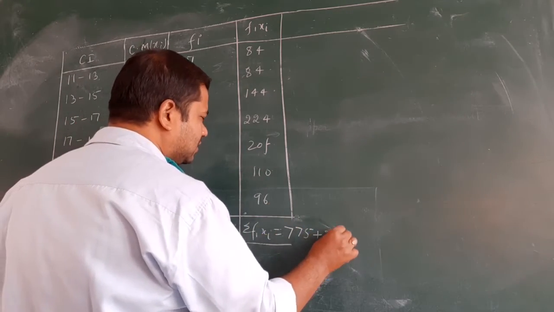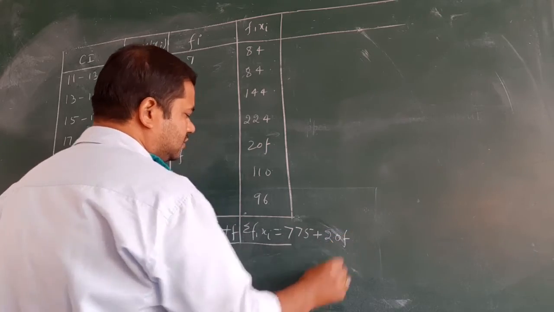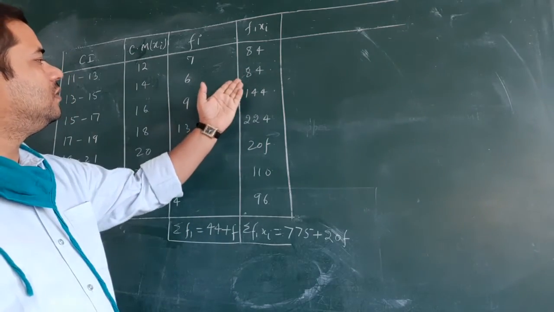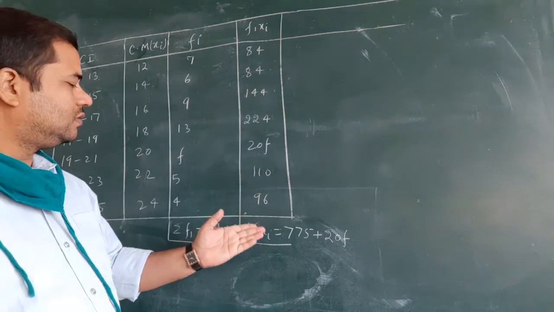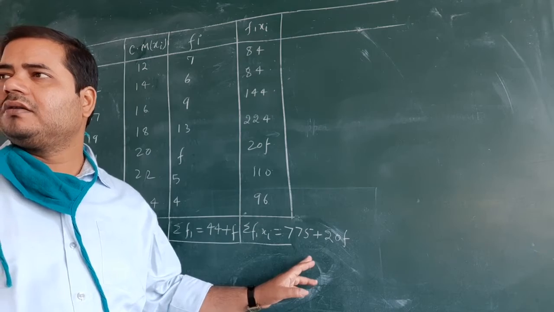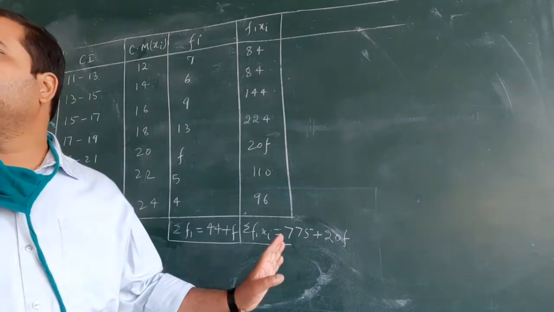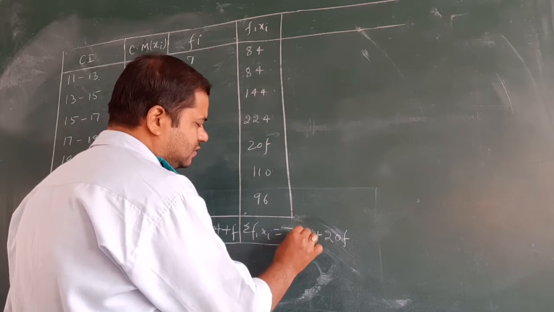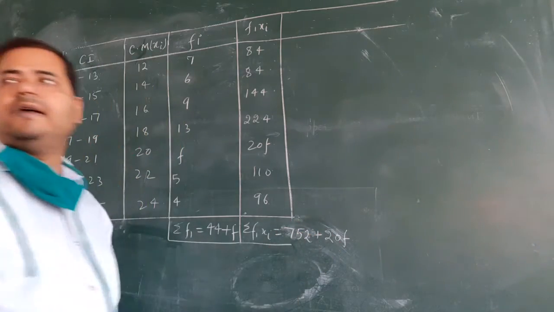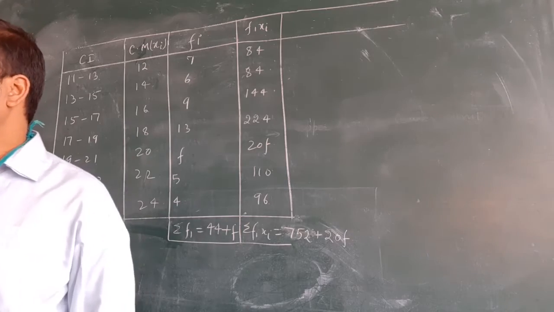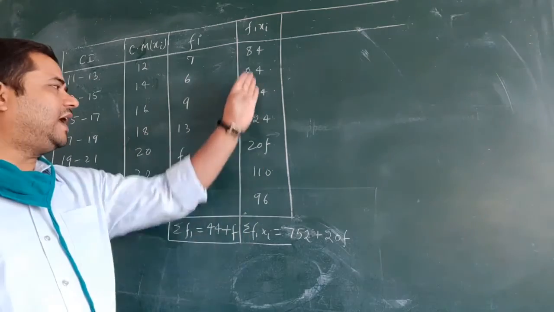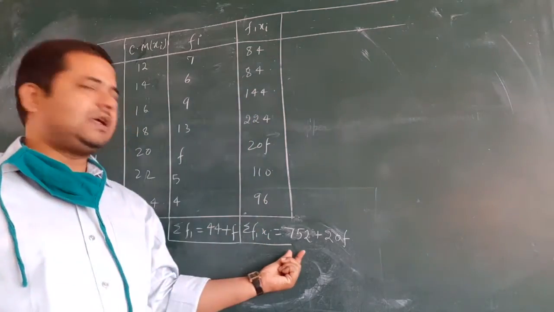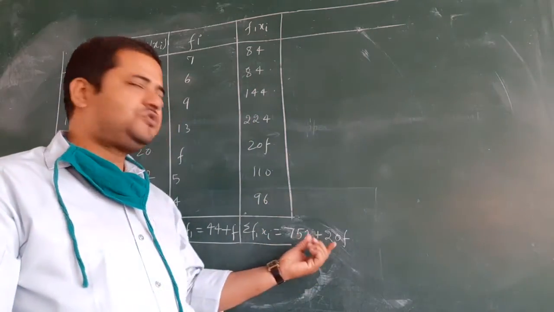It is 752 plus 20f. After adding these, you will get 752 plus 20f.